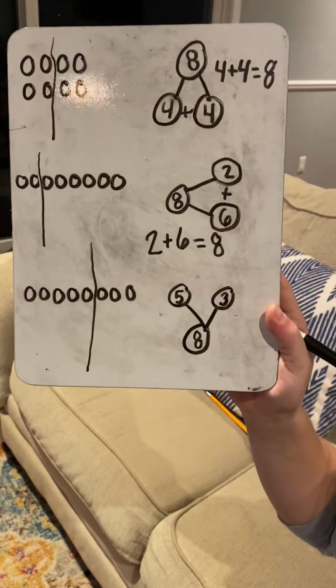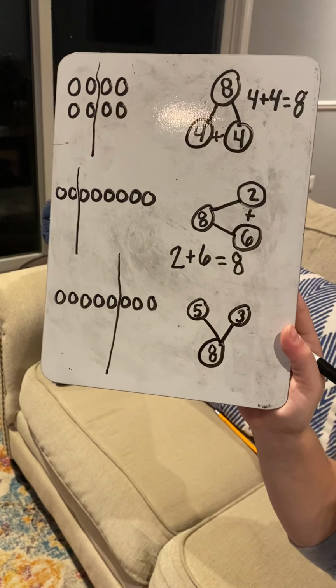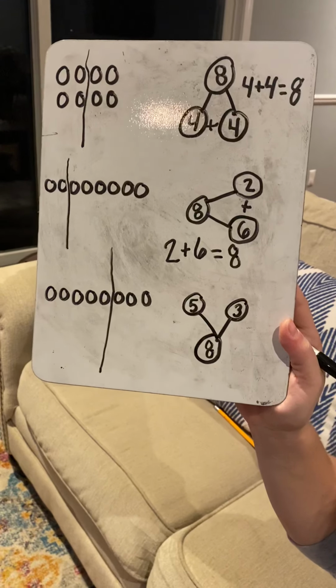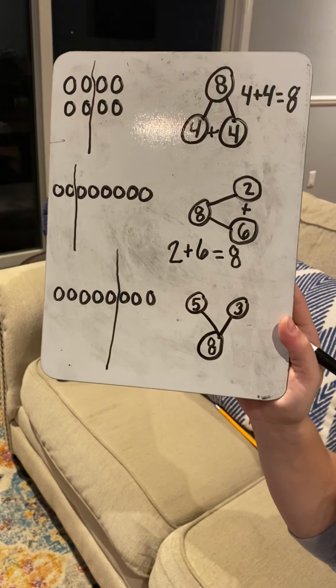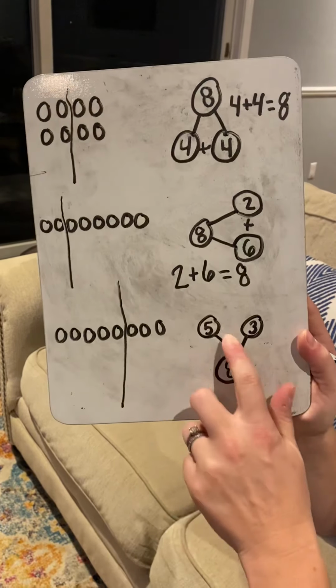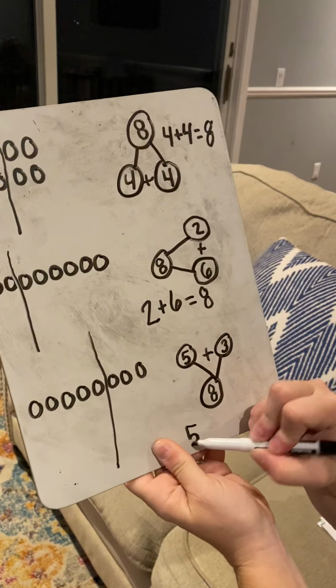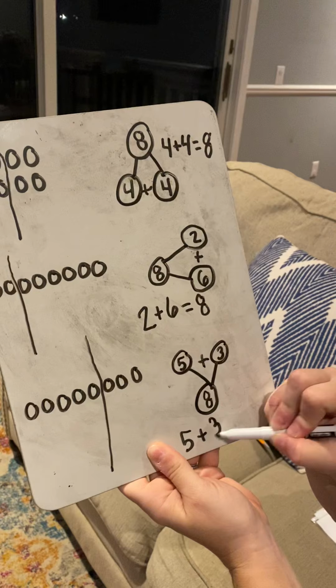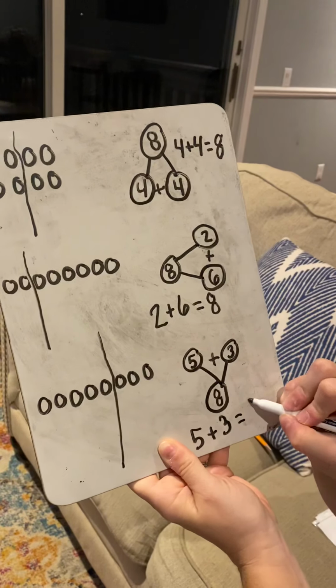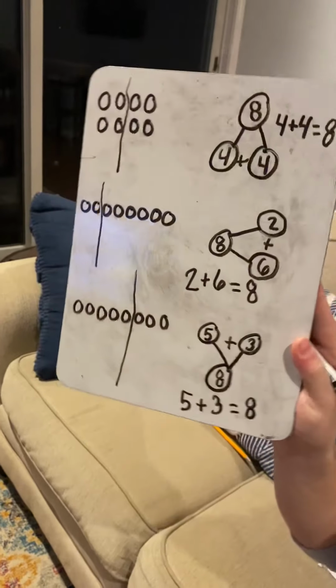Okay, take a look at my number bond. What would my equation be? Remember, part plus part equals total. 5 and 3 are the 2 parts. 5 plus 3 equals 8.